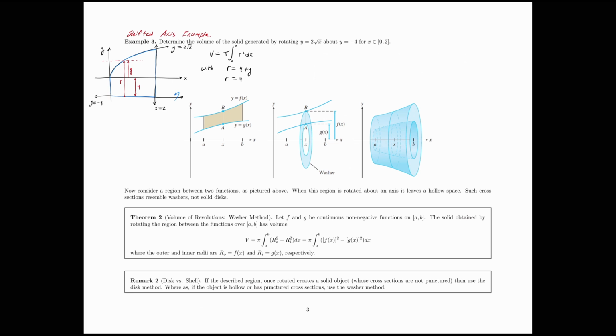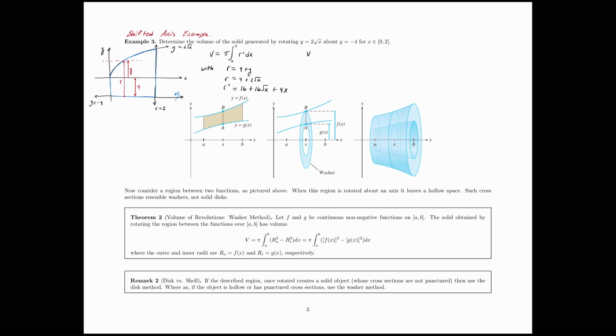And what's the relationship between y and x along this curve? Well, it's y equals 2 square root of x. So this would be 4 plus 2 square roots of x. Then we need the radius squared, which is a little bit more algebra. This would be 16 plus 16 square roots of x plus 4x, if we FOILed that out.